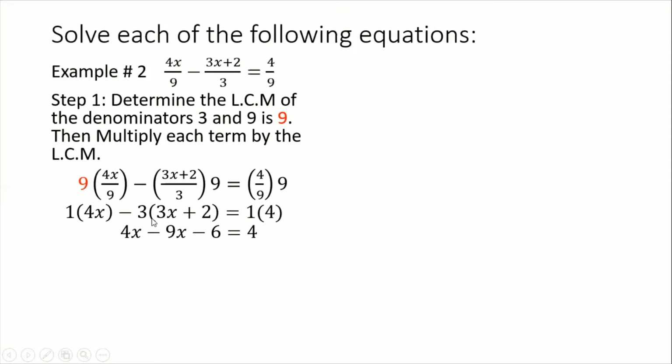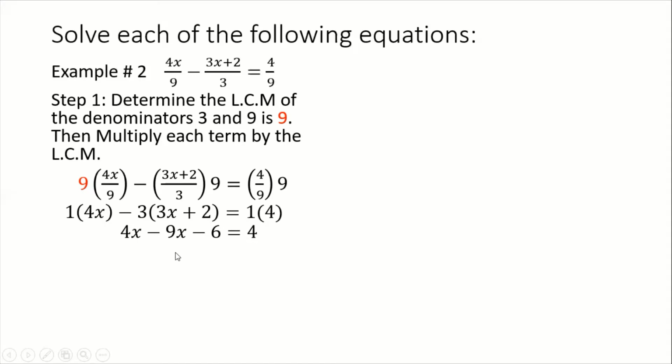What it will do is to change the sign or negate the sign of each of the terms that were originally in the bracket. So as you note, negative 3 times a positive 3x will give us a negative 9x. Negative 3 times a positive 2 will give us a negative 6. And 1 times 4 will give us 4.